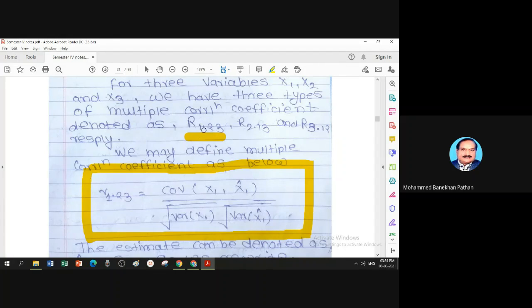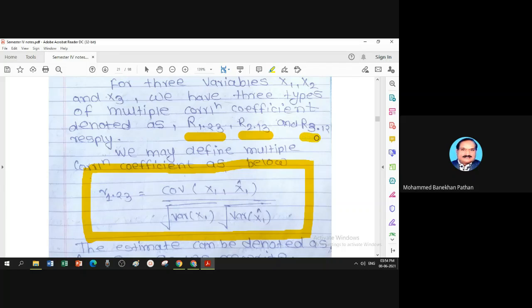So the interpretation of this notation is: before the dot is the dependent variable, after the dot is the group of independent variables. So multiple correlation is a correlation of x1 and the joint effect of 2, 3 on x1. That joint effect is nothing but x1 cap. Similarly, you can write R2.13. Here my dependent variable is x2.